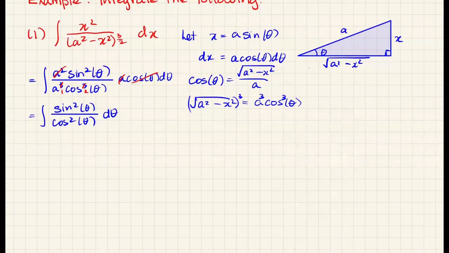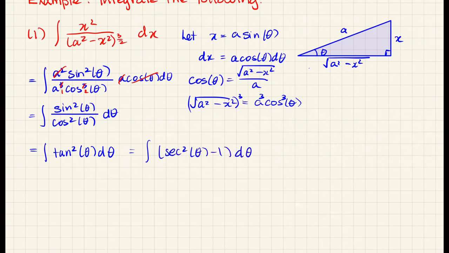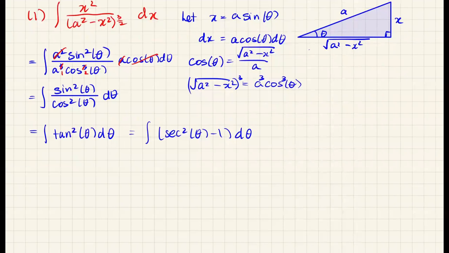So that's going to be tan squared theta d theta. But this is also equal to the integral of secant squared theta minus 1 by the Pythagorean identity. And then we could just take the integral of each term, which will be tan theta minus theta.